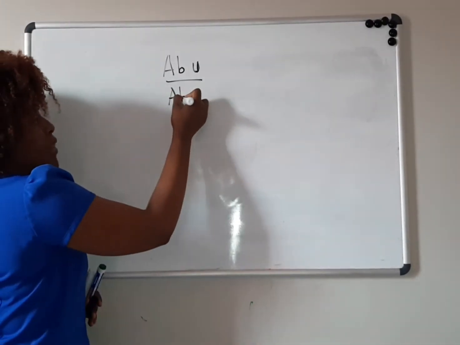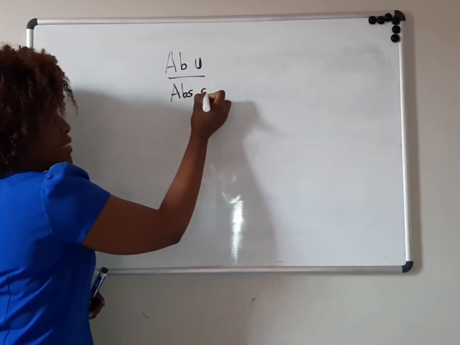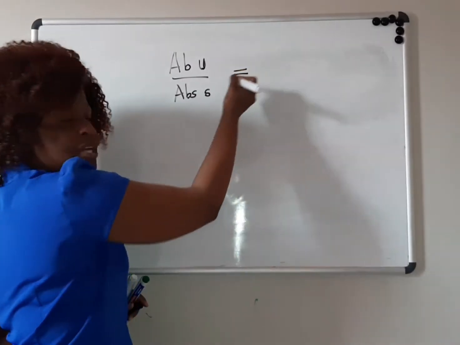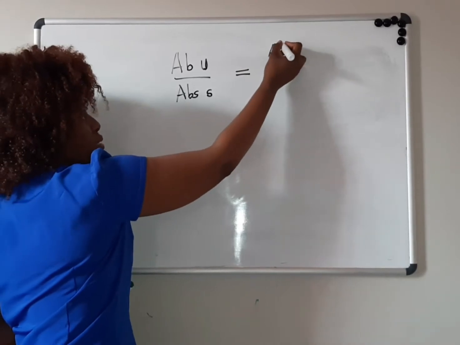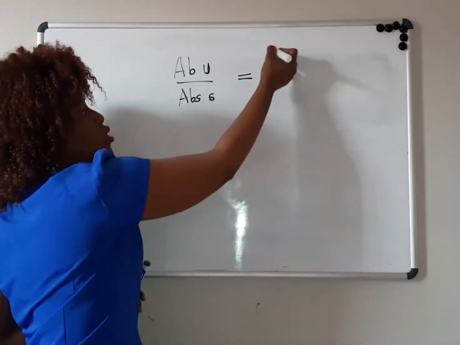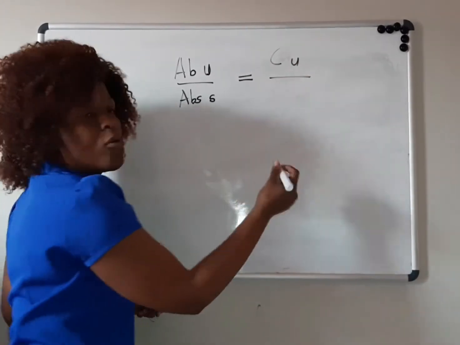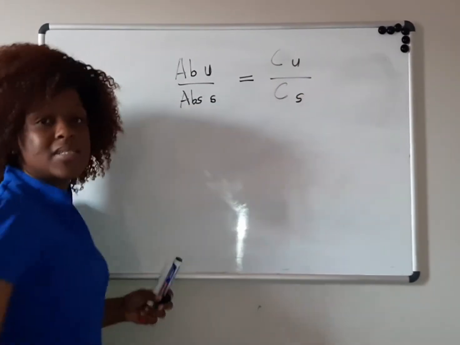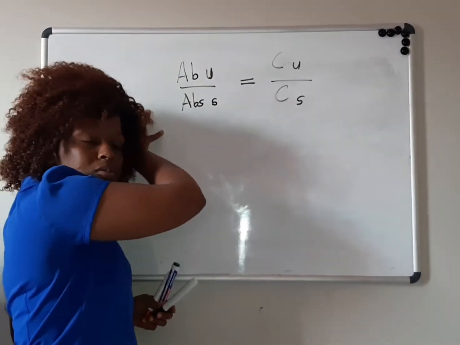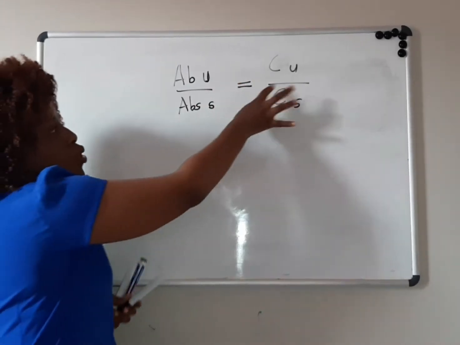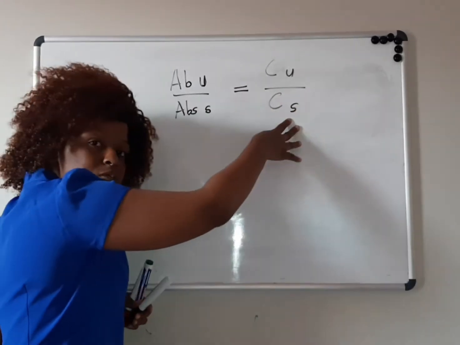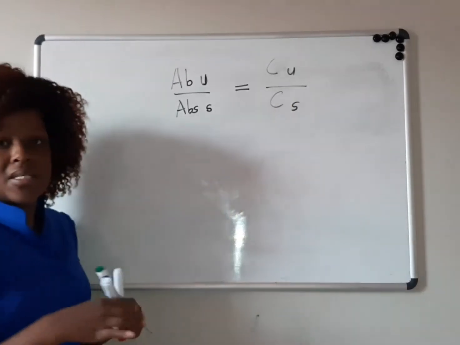It's divided by the absorbance of a standard or of a calibrator, which will be equal to the concentration of an unknown over the concentration of a standard. So like we said, absorbance is equal to concentration. Then the absorbance of the standard is also equal to the concentration of the standard.